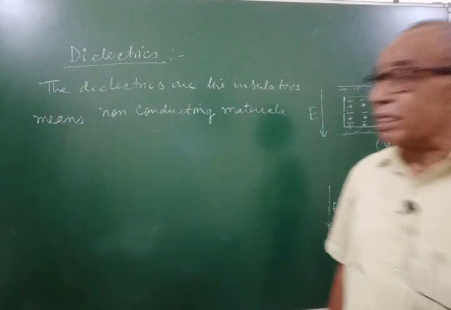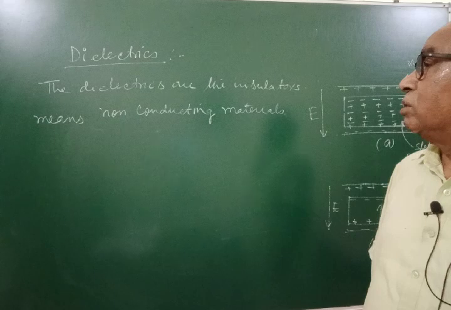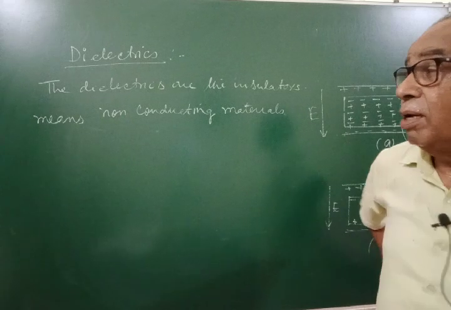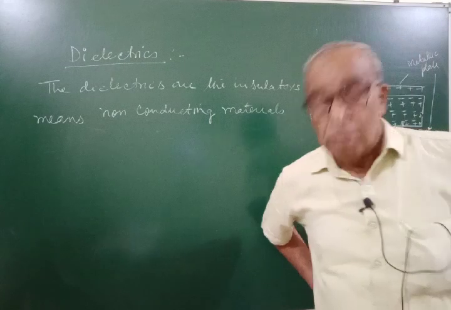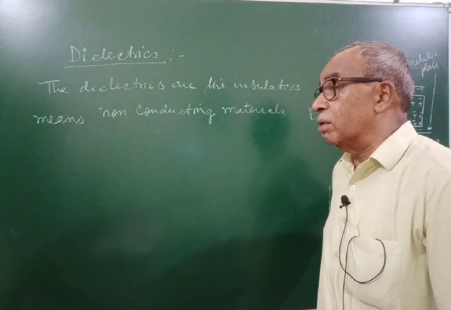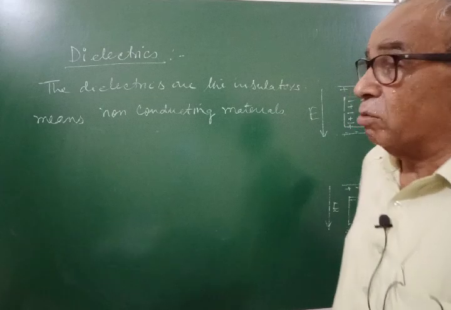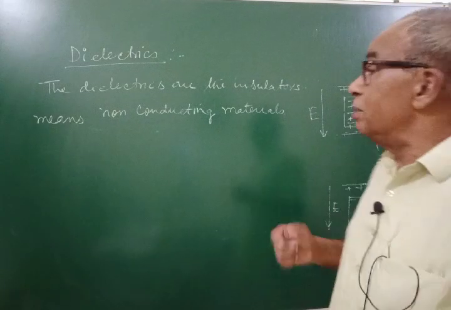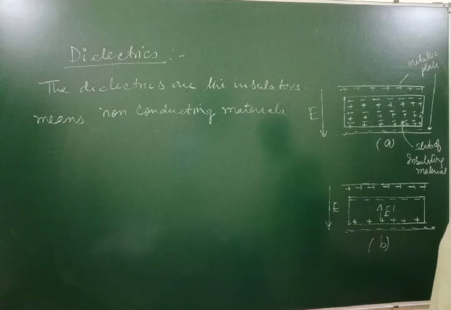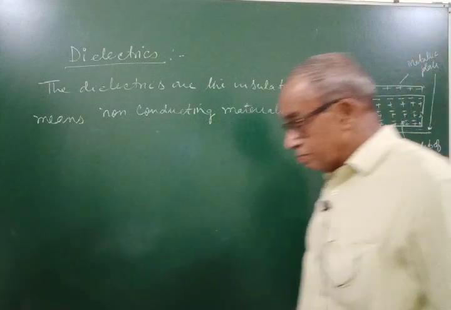In dielectrics, "di" means two, and electric means electric charge. Wherever "di" is there, as in carbon dioxide, two atoms of oxygen combined with one atom of carbon, nitrogen dioxide, NO2, "di" means two. So dielectrics are the insulators, meaning non-conducting materials.